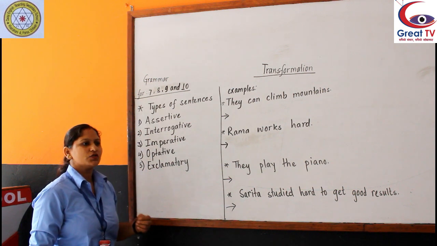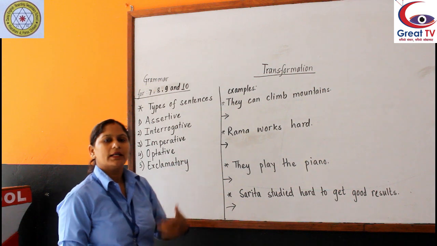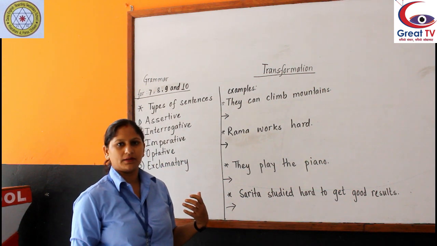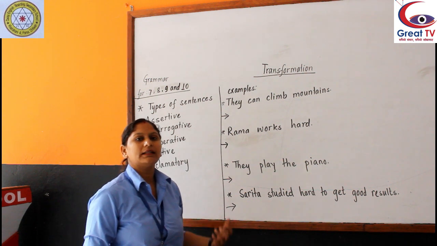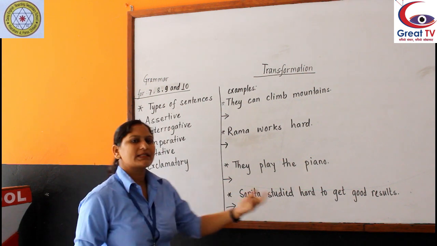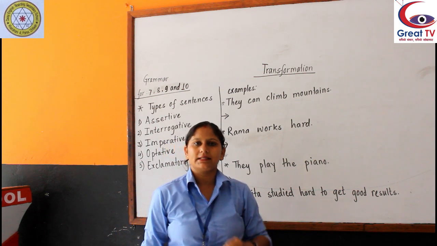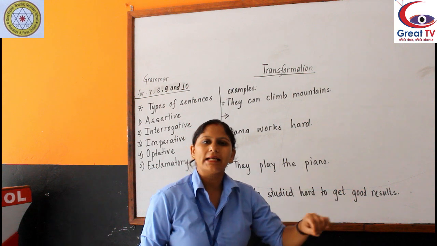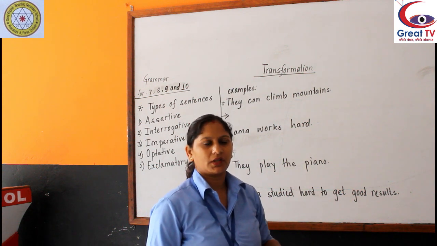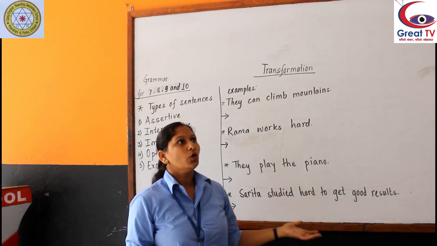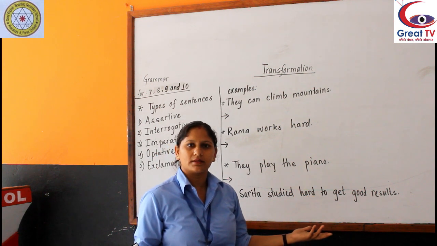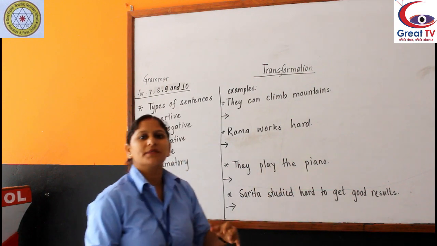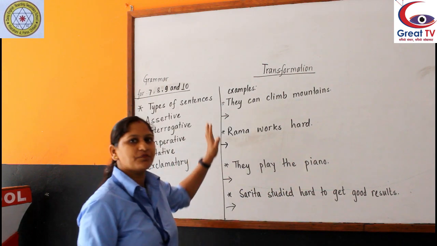If we want to show our emotions on something, when we are surprised by something, then we use exclamatory sentences, and these sentences end with an exclamation mark. Alas, he's dead. Wow, what a beautiful dress. Ouch, it hurts. These are the types of exclamatory sentences.